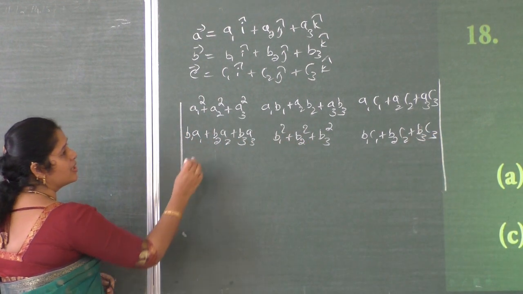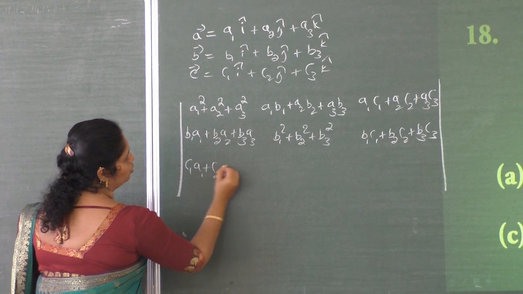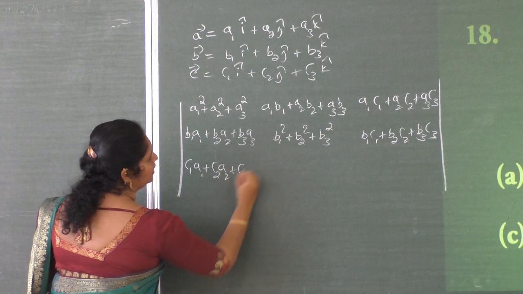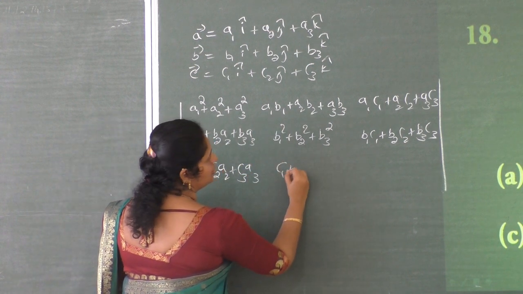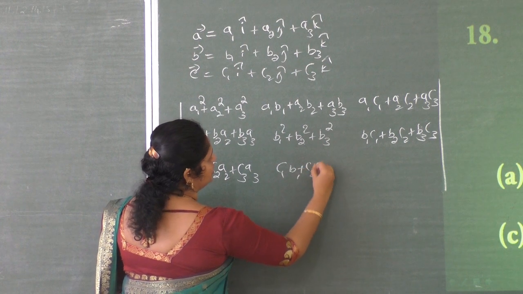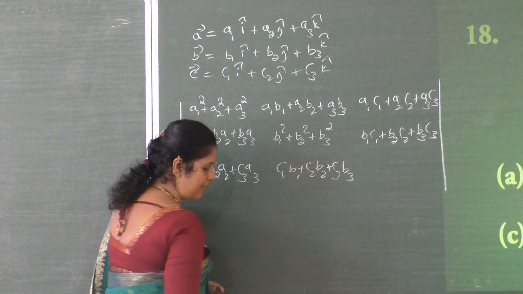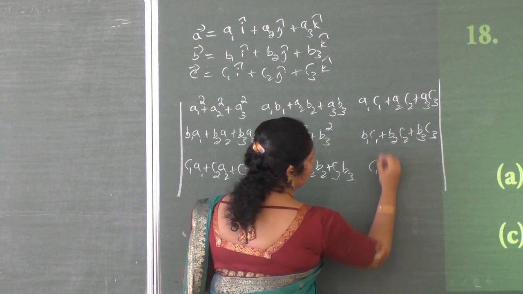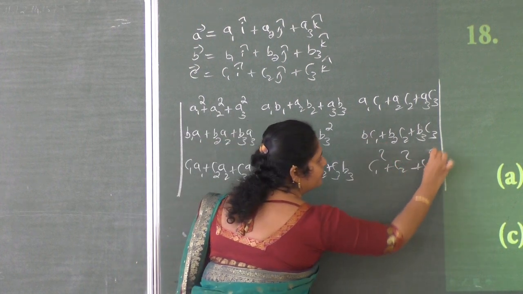Then the third row, vector C dot vector A, that is C1 A1 plus C2 A2 plus C3 A3. Vector C dot B, that is C1 B1 plus C2 B2 plus C3 B3, and vector C dot C, C1 square plus C2 square plus C3 square.